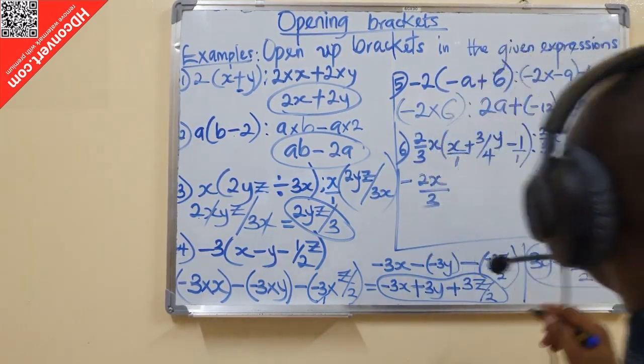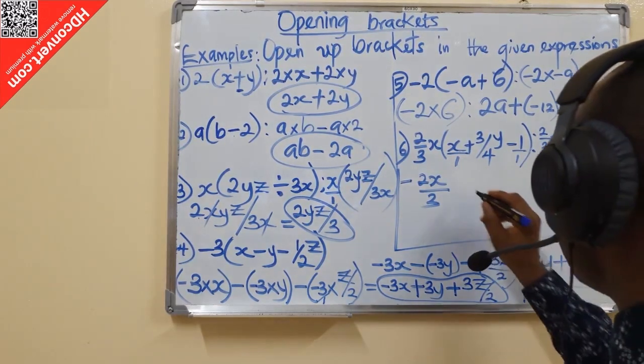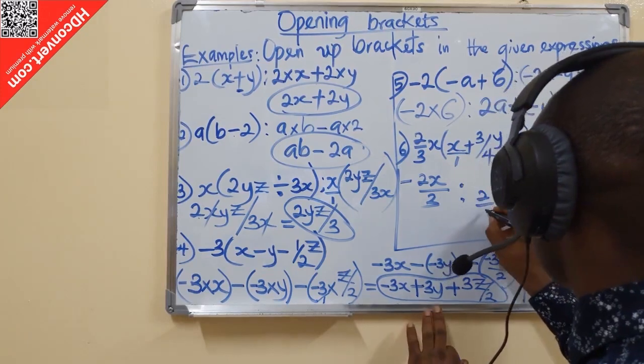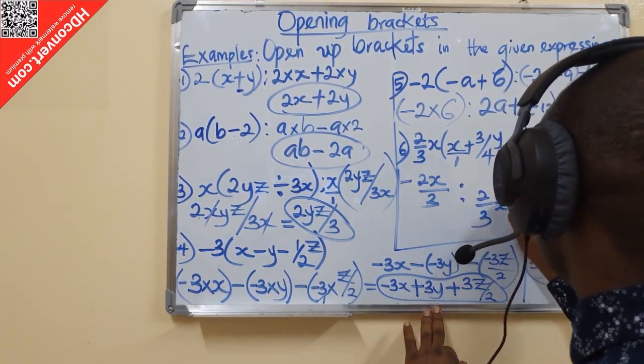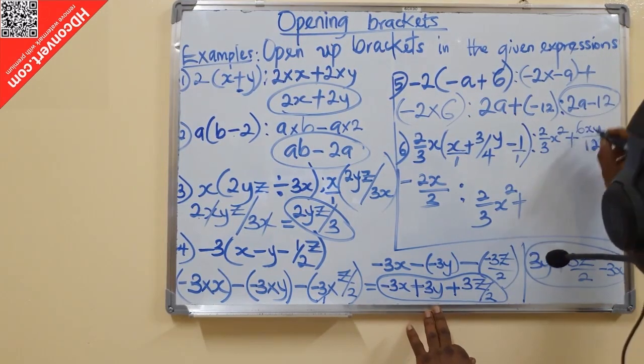So looking at this place, there is 6xy upon 12. 6 is a common factor which you can actually cancel out. To cancel it out, we divide both the numerator and the denominator of this term by 6. So to do that, I will just rewrite my final answer this way. 2/3 of x squared plus 6 divided by 6 leaves you 1.